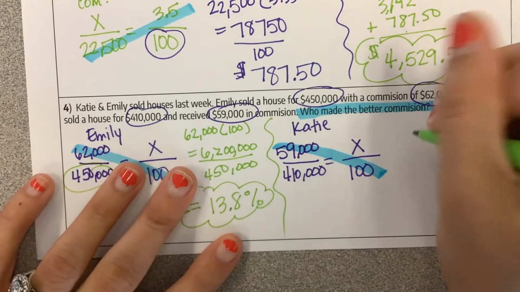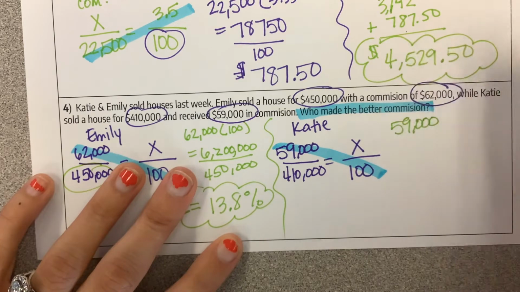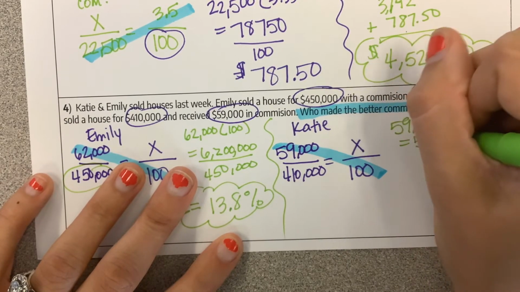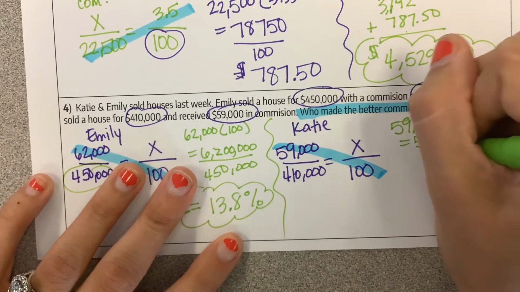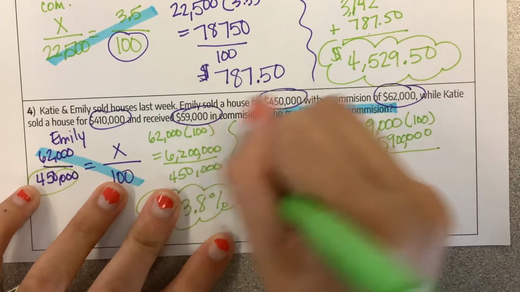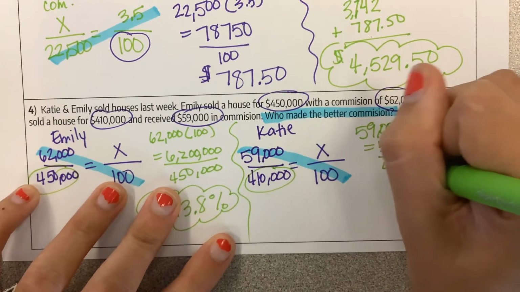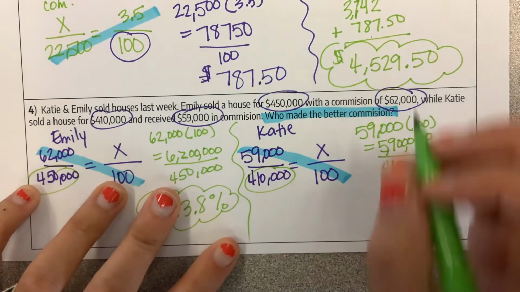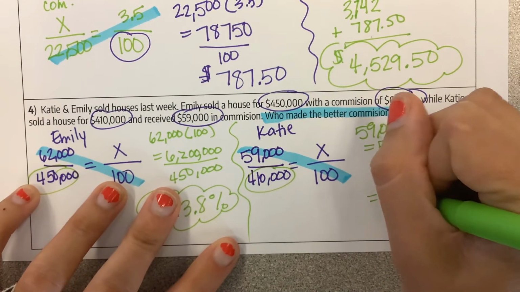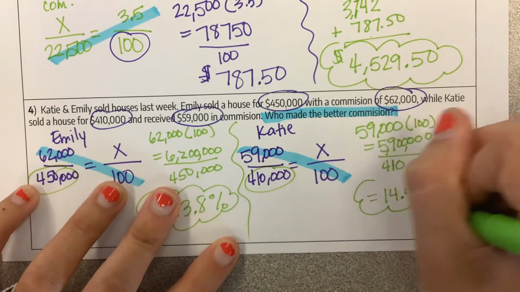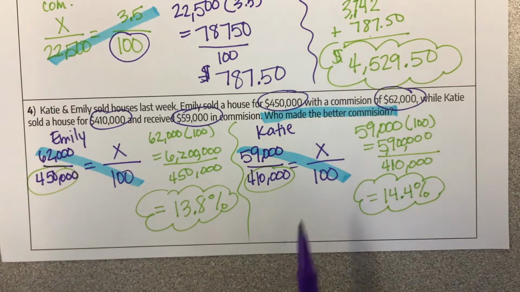We're going to do 59,000 times 100 equals 5,900,000. Divide by 410,000. And when I round, I get 14.39, which I'm going to round to 14.4%.